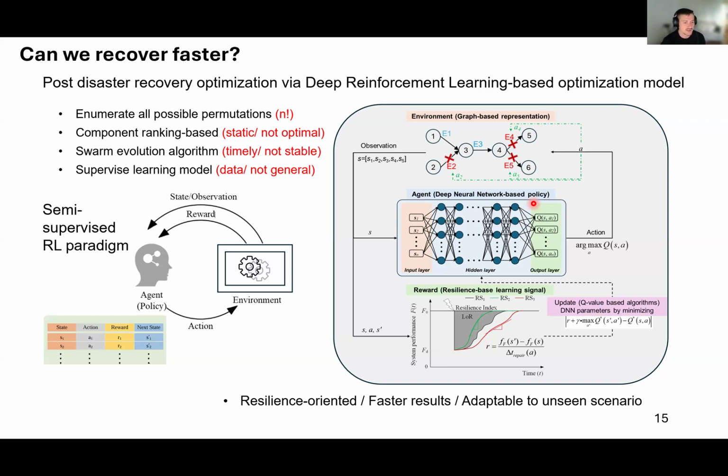So I was wondering if you had thought about doing something like this. Great. So you mean you first train on a small scale system and then you do the transfer learning to extend to a large scale network? Not even need to do transfer learning, because the agent has learned to solve this graph-based environment. So you can directly apply it to a larger one.